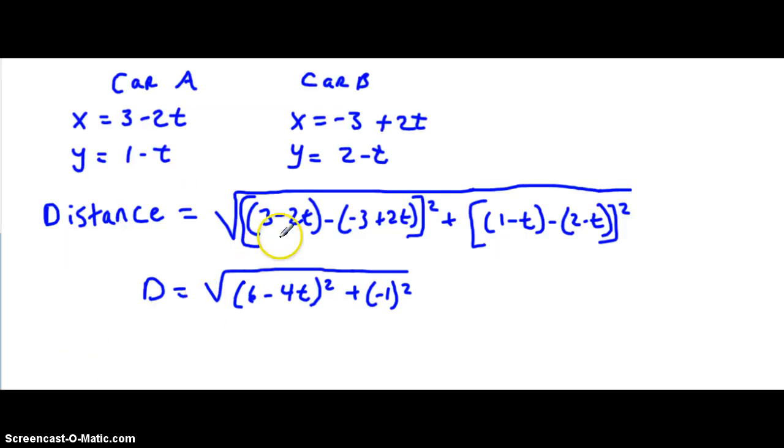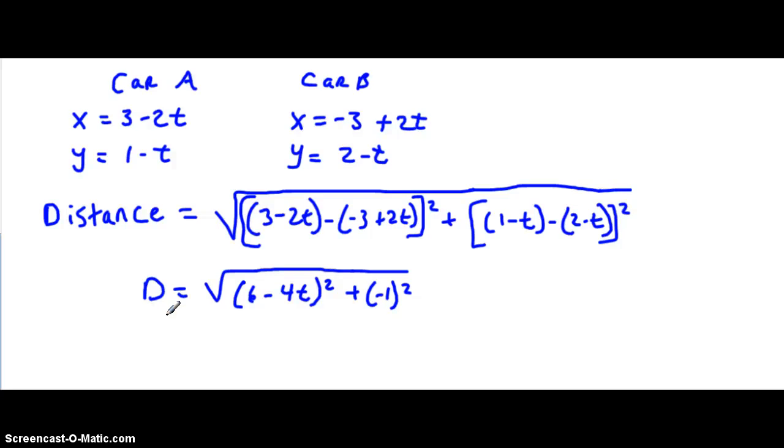So you should have found, I took car A and subtracted car B, x values squared, plus car A's y values minus car B's y values squared. So when you simplified, inside here you'd have 6 minus 4t squared plus -1 squared, and the square root of that. Now we're finding distance, and they want us to find a minimum. So remember, anytime we minimize, we're going to take the first derivative and then set it equal to 0.